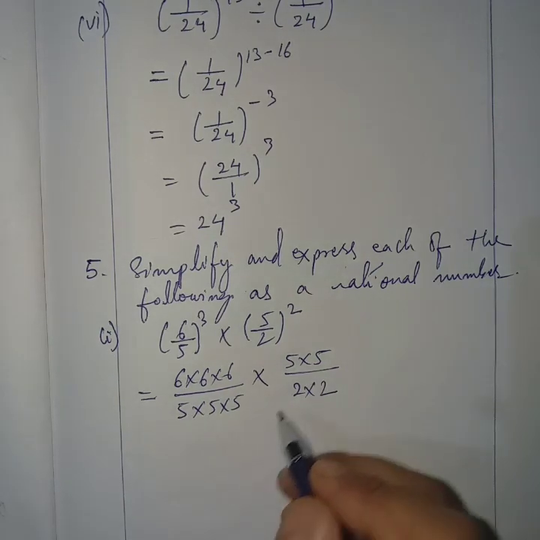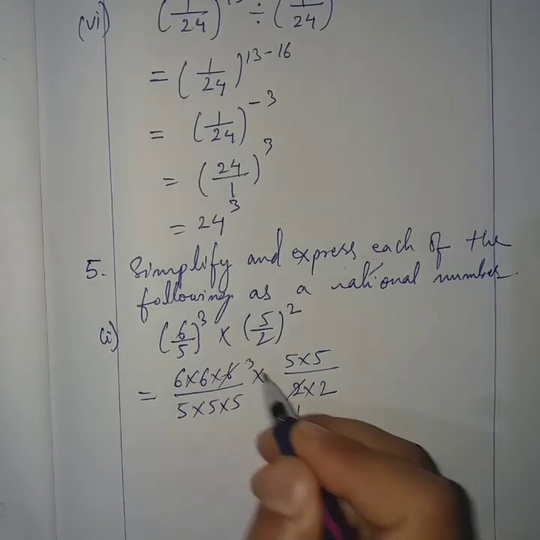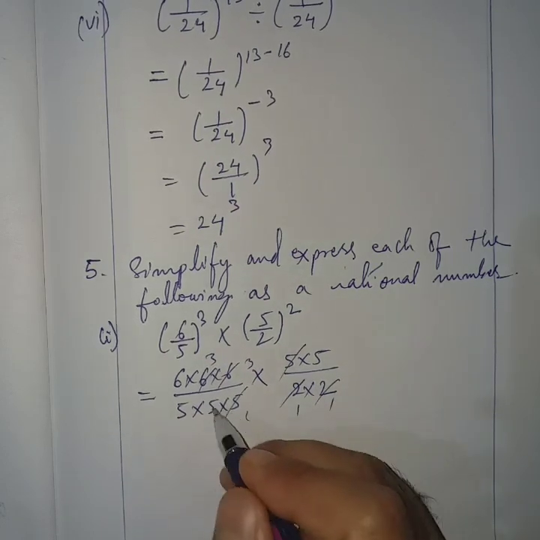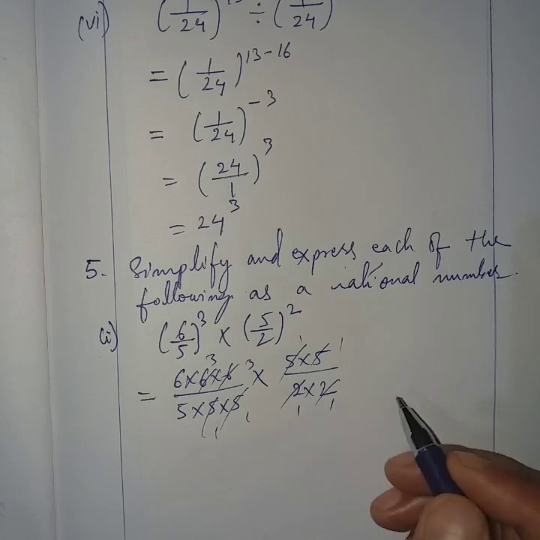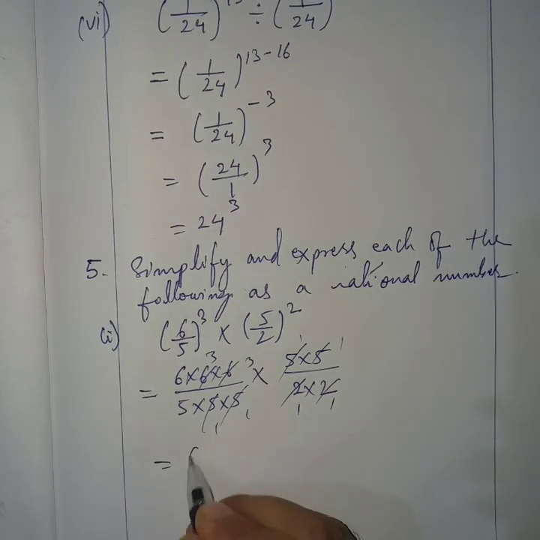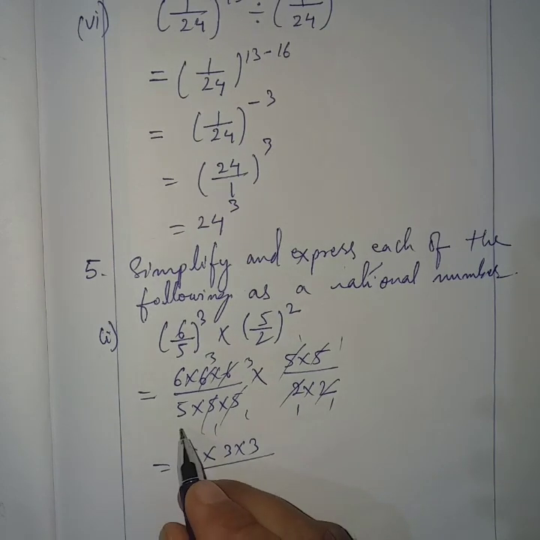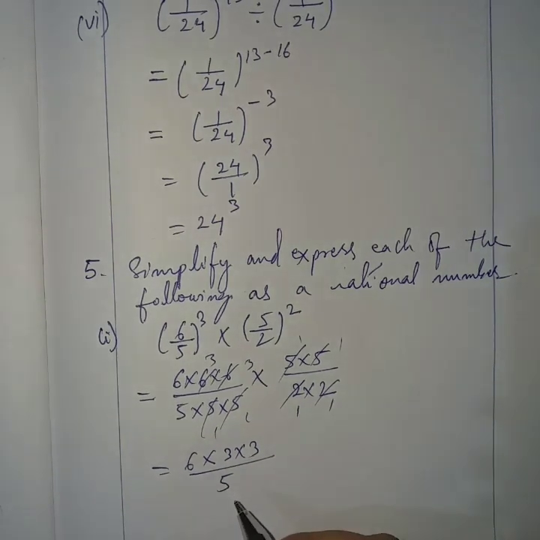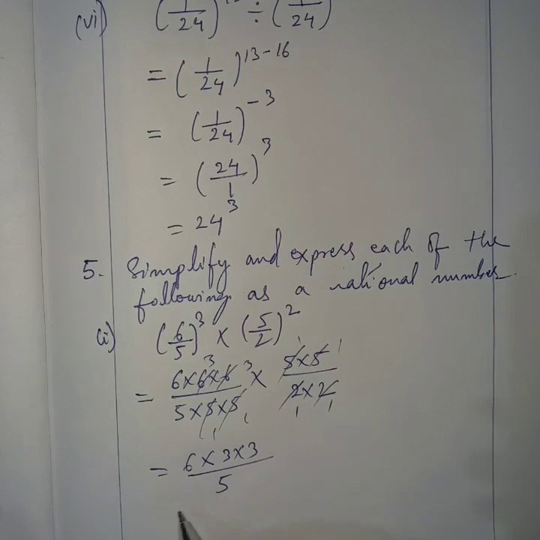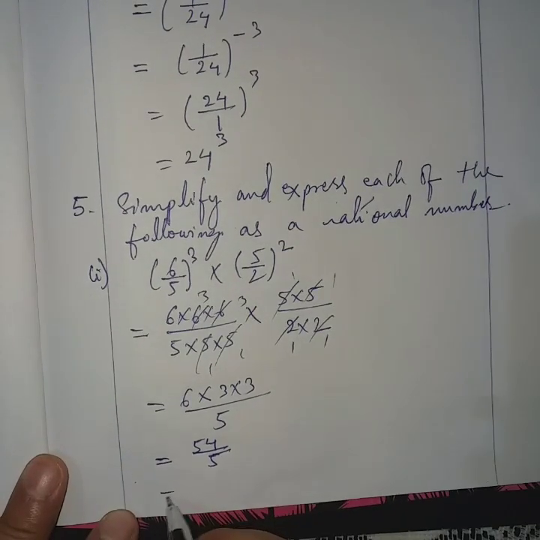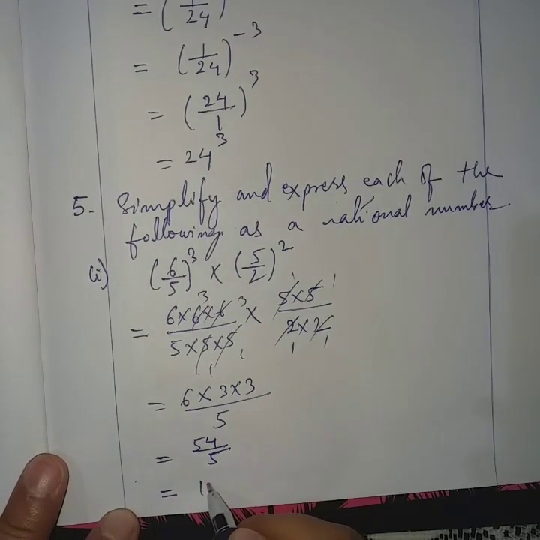Now we can cancel this. Here we got 6 into 3 into 3. In the denominator we got 5. Okay, so this is equal to 54 by 5, which is equal to 10 whole 4 by 5 after dividing.